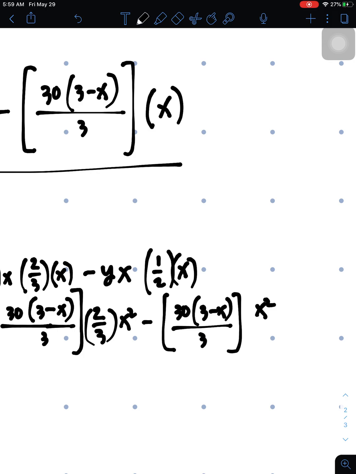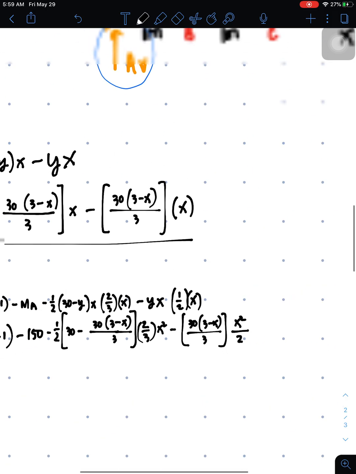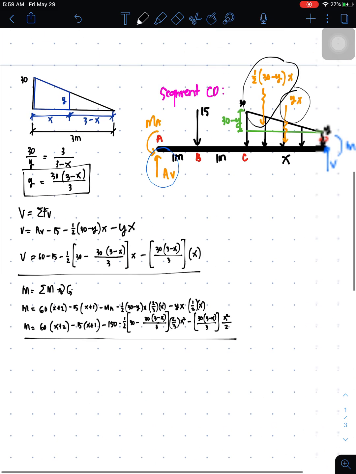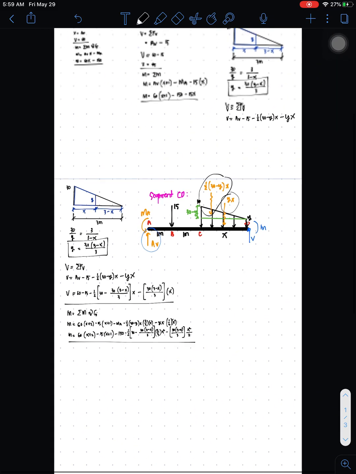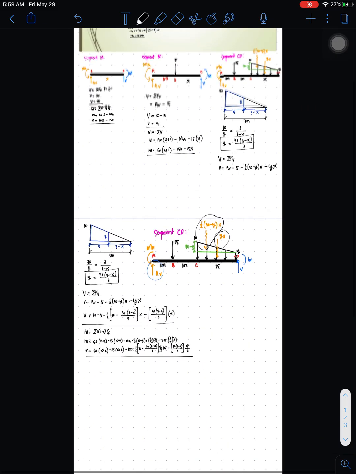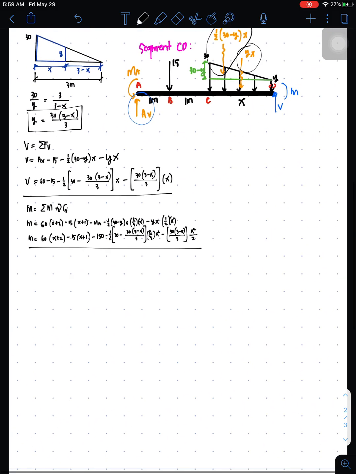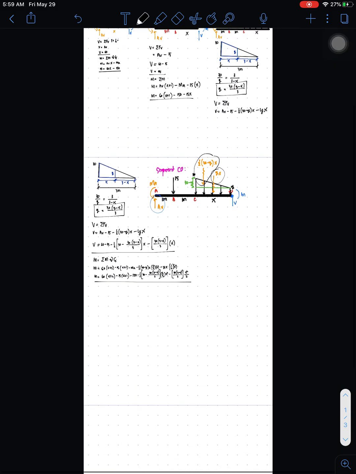So that's x squared over 2. This is our moment equation. Right, so we have moment equation for each of the segment. So let's get the shear values.